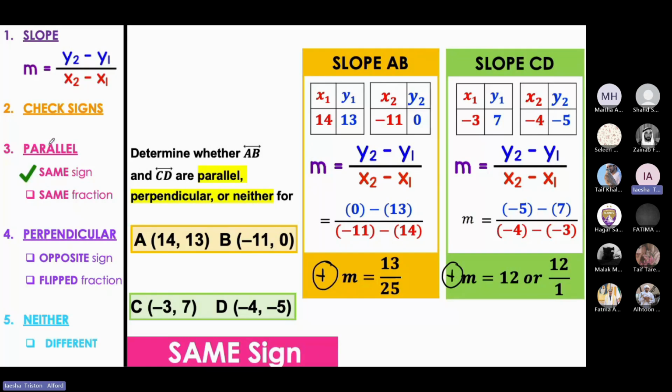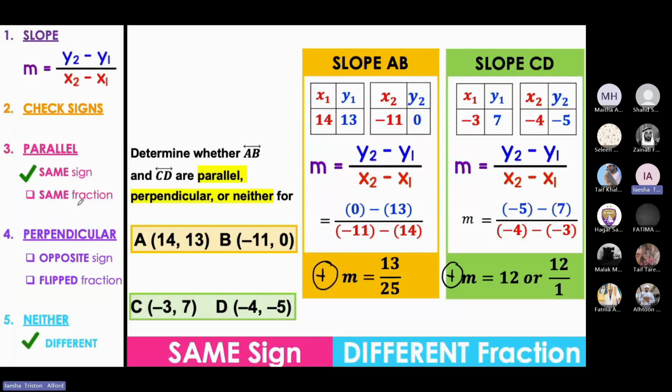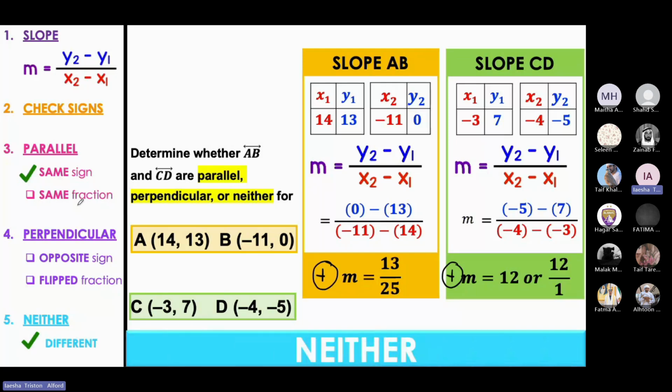Now, the name could be parallel. To make it parallel, it has to be the same fraction. Are the fractions the same? No. You have a different fraction. So because you have a different fraction, different number, we have to call this one neither.